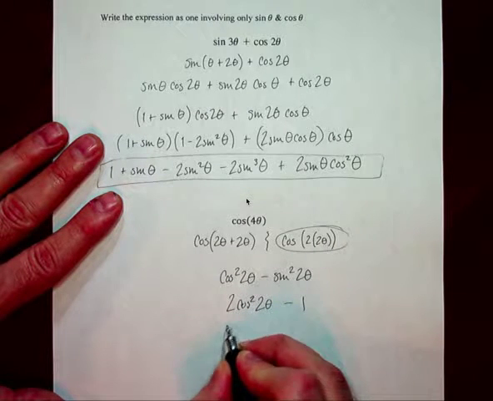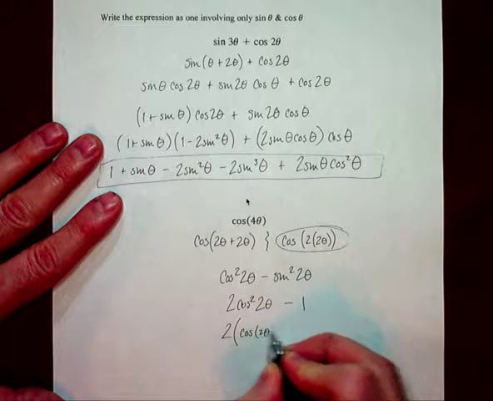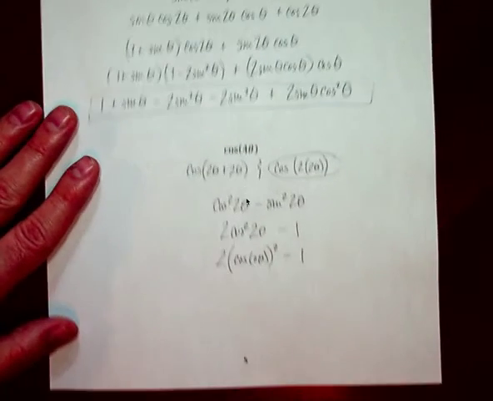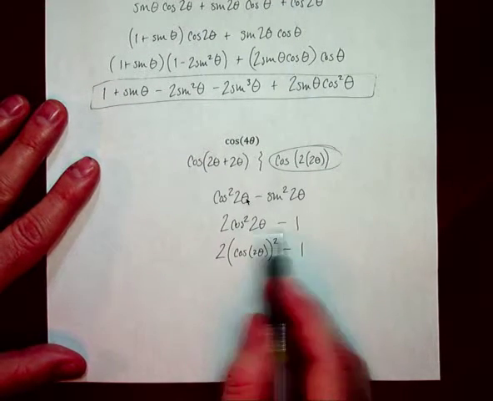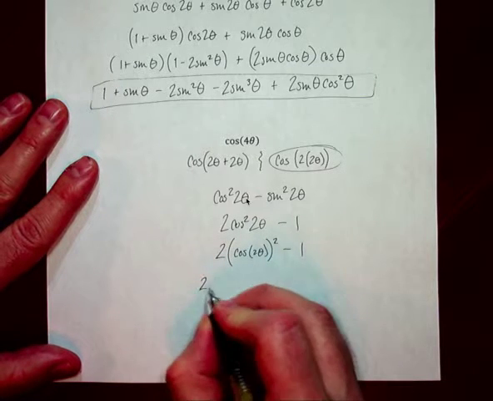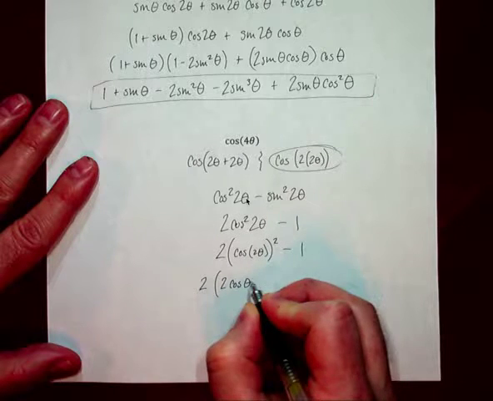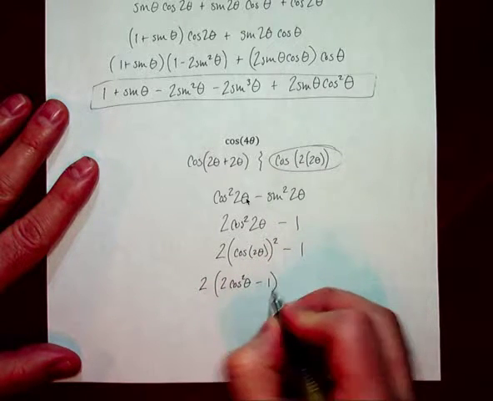And you've got to remember that the square basically means that. And so what we want to do is use the cosine 2 theta, and let's just do the cosine one again. So I have 2 times 2 cosine squared theta minus 1, squared, minus 1.